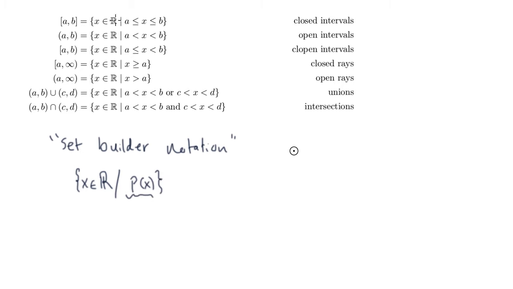So you see here, the property is that x lies between these two numbers a and b. But in general, it's just saying I want a real number such that some property of that real number is true. And then that defines a set. Now the set might be empty. There may be no numbers x that satisfy this property, but that's the idea behind set builder notation, and we'll see it here as so.